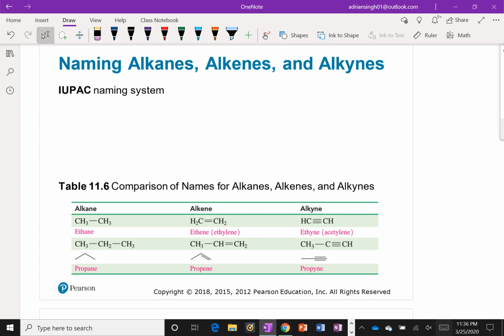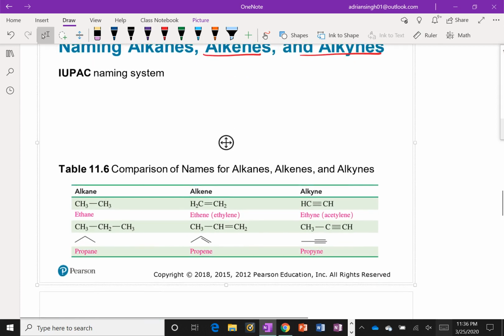There's one thing, though, that we need to pay special attention to when it comes to naming the alkenes and the alkynes, and that is the presence of the double or the triple bond is going to take precedence when it comes to establishing the longest carbon chain, and then when it comes to the numbering as well. All right, so we're going to follow the systematic way, which is the IUPAC naming system. And this rule here is going to apply to both alkenes and alkynes.